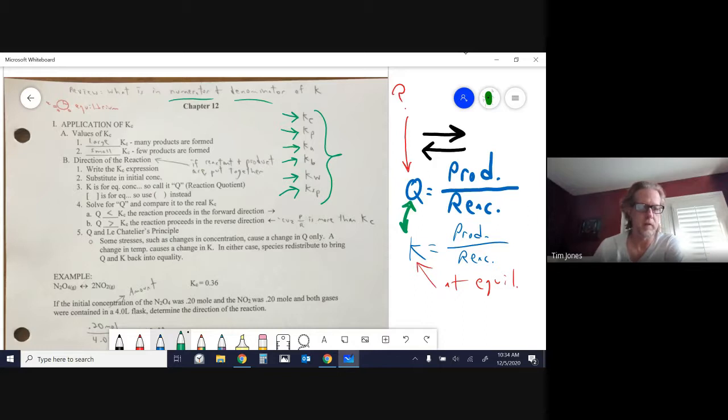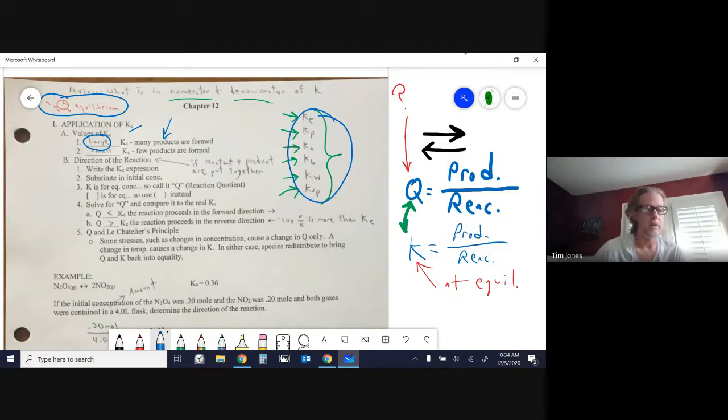Over here, I'm saying this is important. We've already used it a few times before we even got to the official chapter. And now that we have it, we'll be using it a lot. All right, regarding the K value, because it's products over reactants, if a reaction has a large K value, and it doesn't matter whether it's Kc or any of these other Ks that I have over here, if it has a large value, that means you have a lot of product.